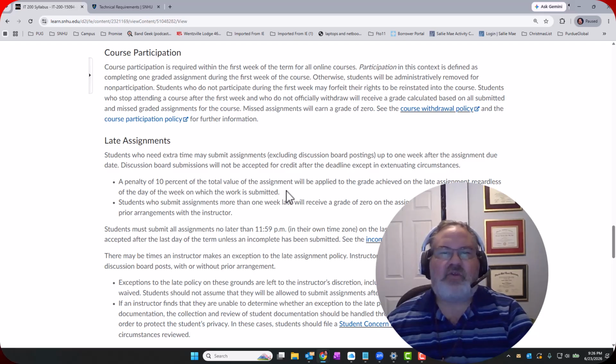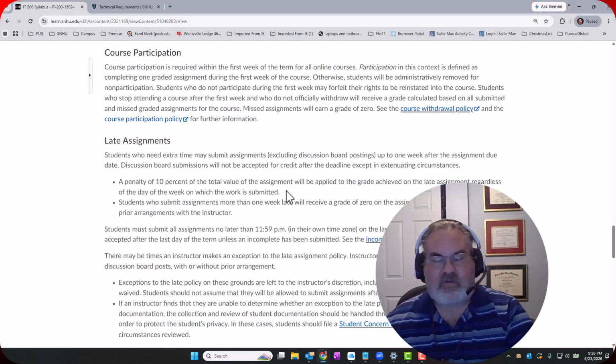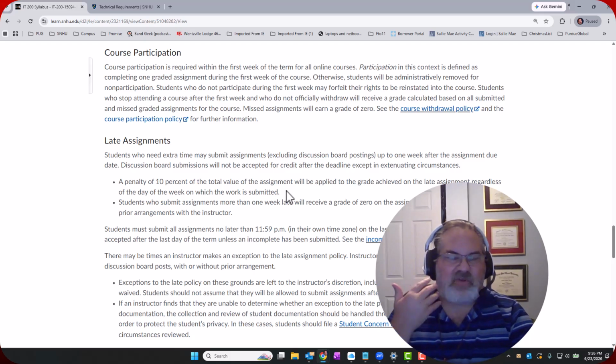So if you got full credit, you would get 180 left. If you didn't get full credit, and let's say you would have gotten 190 points out of the 200, it would be 190 minus the 20, which would give you 170. So that's just to give you an idea of how that math works.